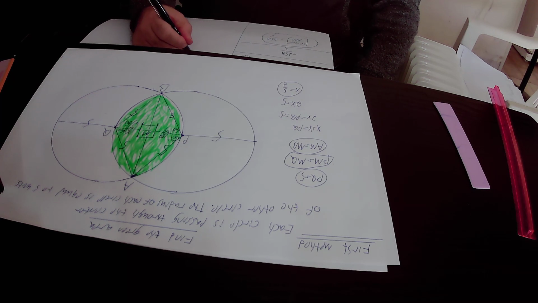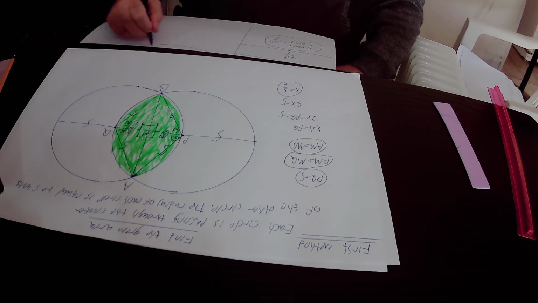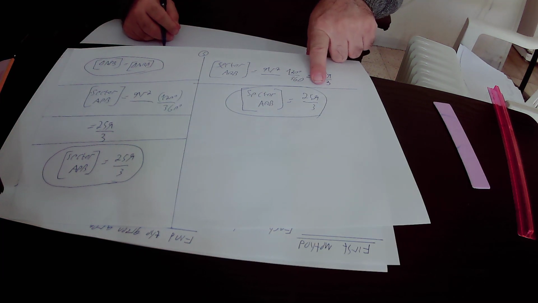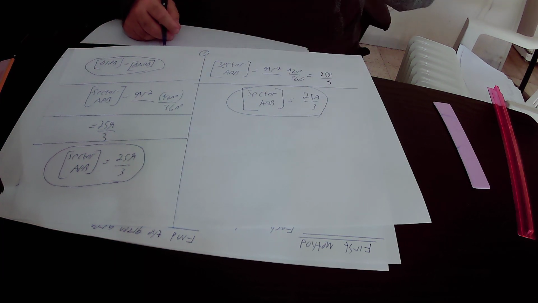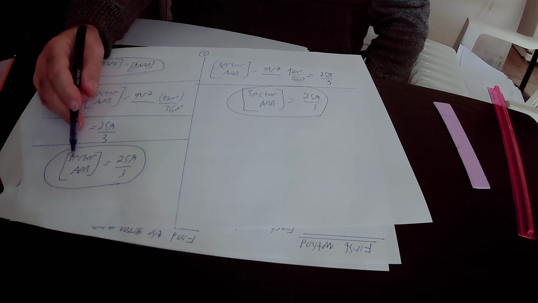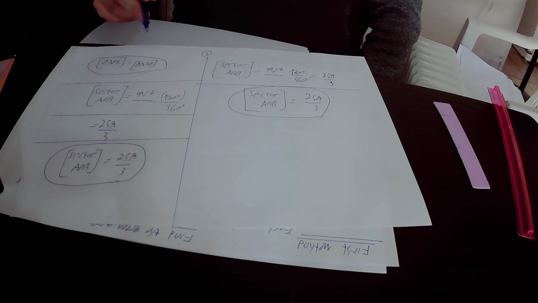So we found out that the area of sector AQB equals 25 pi over 3 square units, exactly like the area of sector APB that also equals 25 pi over 3 square units.